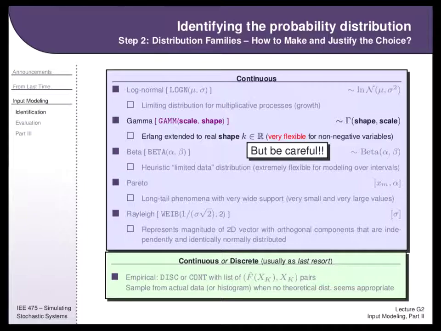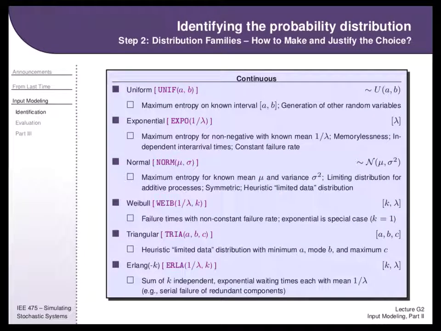It's always better to use the distribution with fewer parameters, especially if you have physical intuition. You may not have any physical intuition as to why it would be a gamma distribution, but if you have a lot of physical intuition as to why it would be an exponential, then just go with the exponential. That'll be much easier to defend.